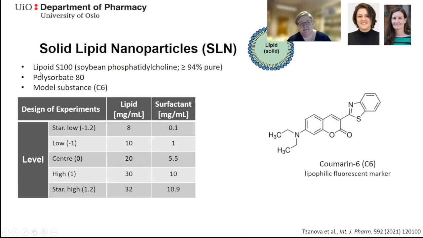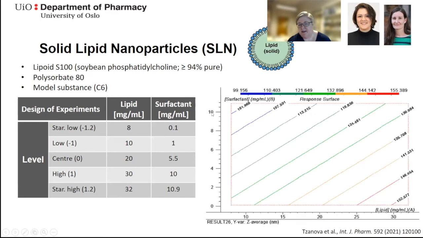The SLNs were made from lipoid S100 and polysorbate, and we used a design of experiment, a central composite design, to look at the effects on the size from the surfactant and lipid, and we obtained particles in the size range from 100 up to 150 approximately.